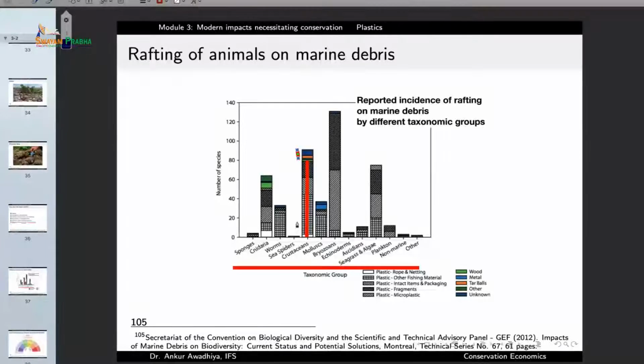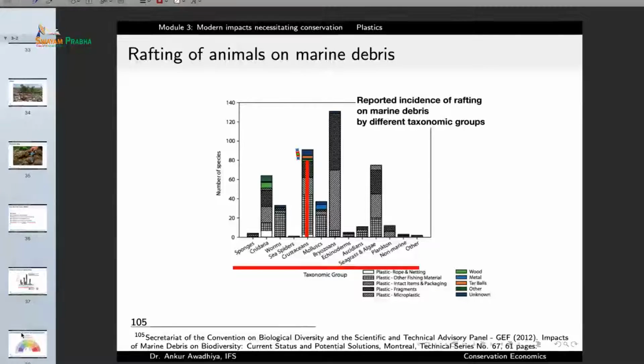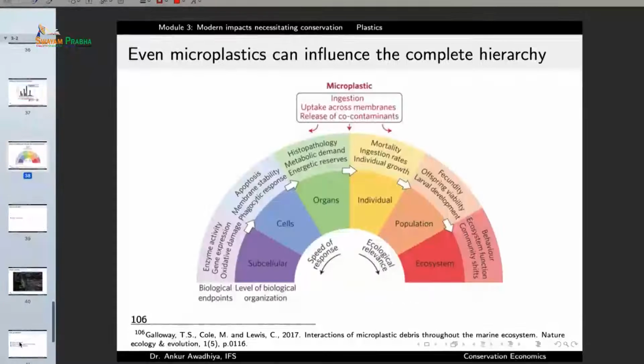So we find that plastics have overwhelmed the system, and they are increasingly being used as a means of transportation by different varieties of organisms, and this is also increasing the possibility that a number of invasive species will be able to move from one place to another. And once that happens, it will be a sad day for biodiversity.